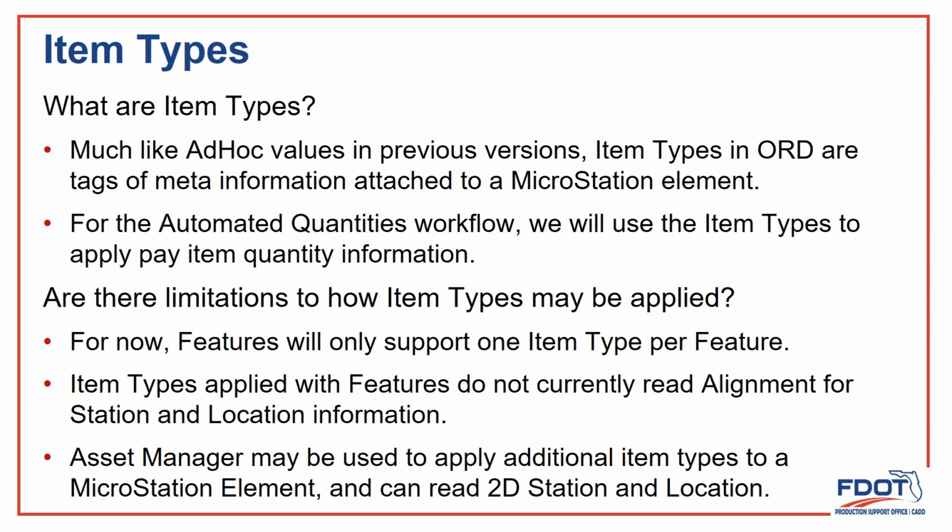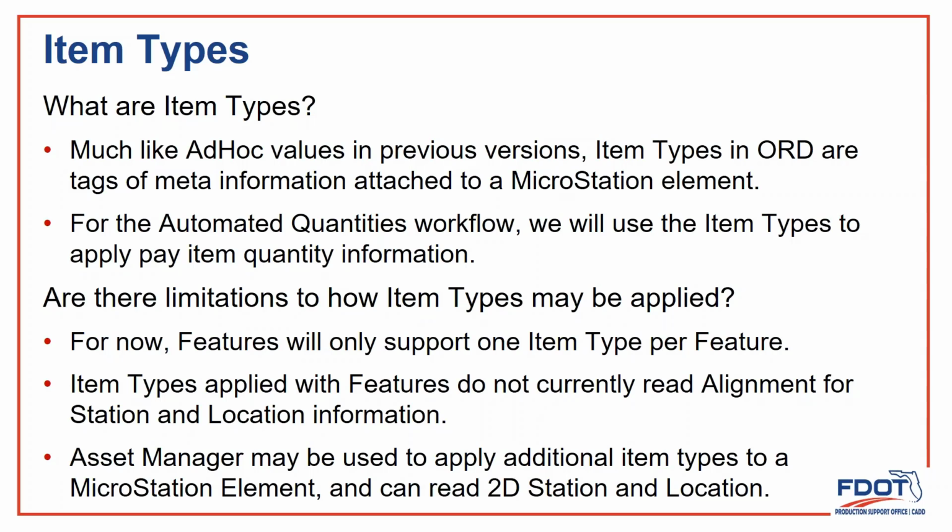Item types are a lot like ad hocs were in SS4. It's basically meta info that you will attach to a MicroStation element. You can use an item type to identify anything on an element.